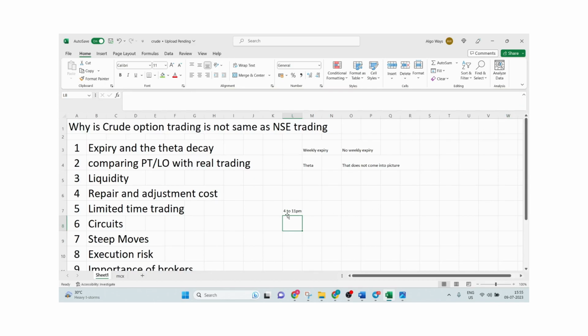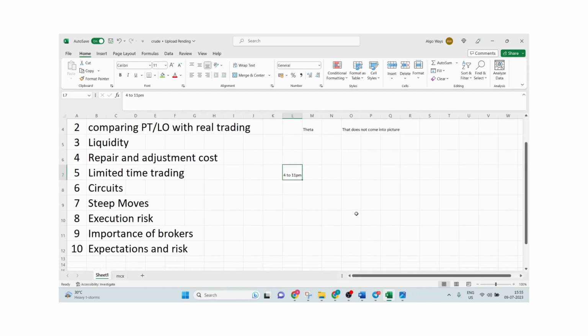So that is one constraint in this. We are using limited time, and that is more reason that we should not have too many expectations. We are not using the time of our choice. We are using the time in which our margin is free. Okay, let us take an example, just a simple calculation.